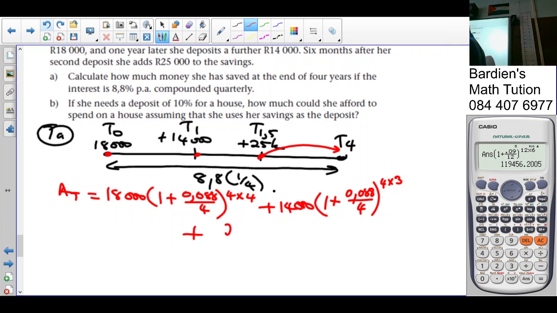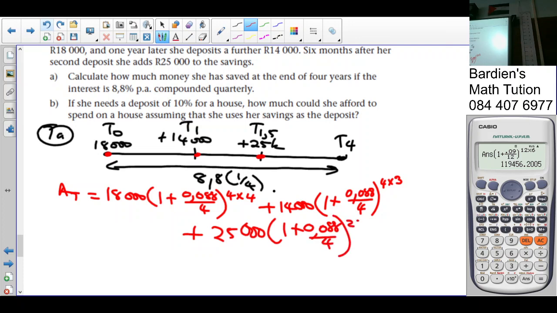It will be 25,000 into 1 plus 0.088 over 4 to the exponent 2.5 times 4. So what do you notice here with regards to these terms? What do you notice?